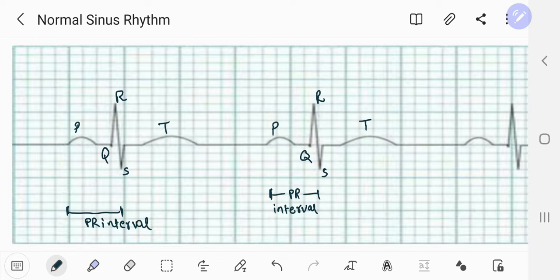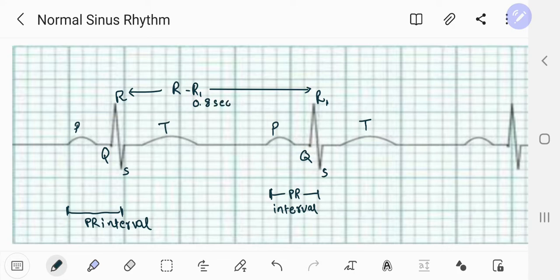I told you in the previous video as well. Anyways, there is another interval, that is the RR interval. Let's say this is R and this is R1. So this interval between R and R1 is about 0.8 seconds long.